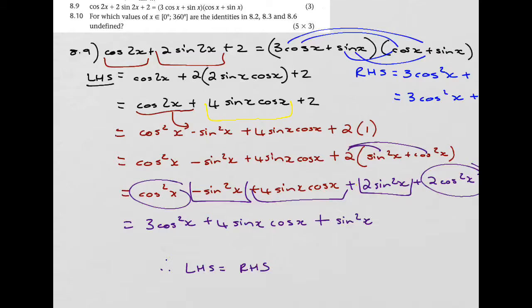So when you're working with identities undefined, you've got to give a general solution. Alright, so I will be doing the general solution video next, a recap of grade 11 going into grade 12 general solution, and then be able to answer the questions after that.